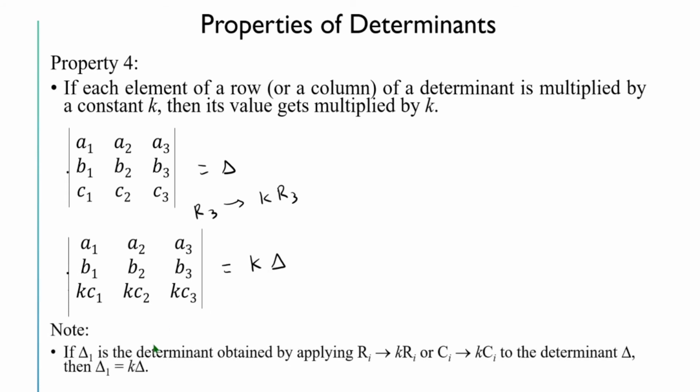So if delta 1 is the determinant obtained by applying Ri changing to kRi or Ci changing to kCi to the determinant delta, then delta 1 is equal to k into delta.